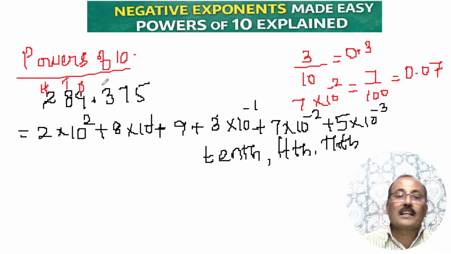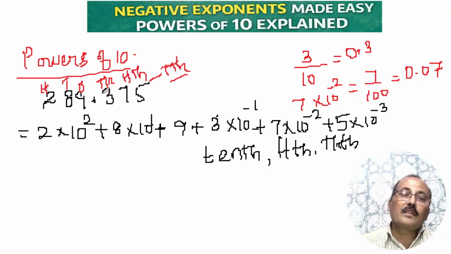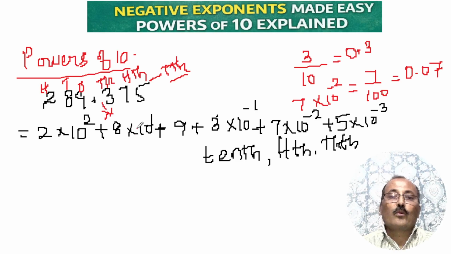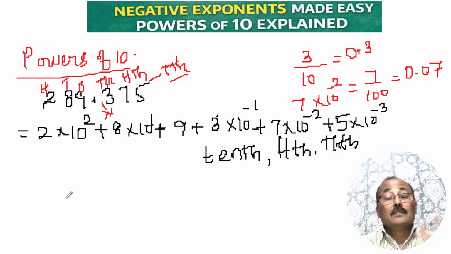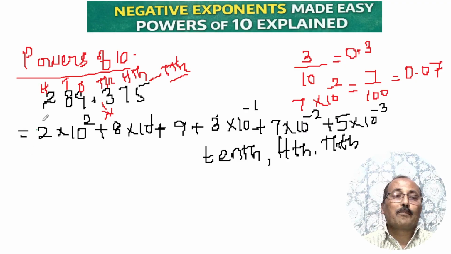But here there is no ones place, it is tenths, hundredths, thousandths. Remember this very carefully, there is no ones place here. So now, in this, we have taken 3 numbers in powers of 10, simple numbers. We can expand whatever the number. Suppose the number is given like this. What is the number?